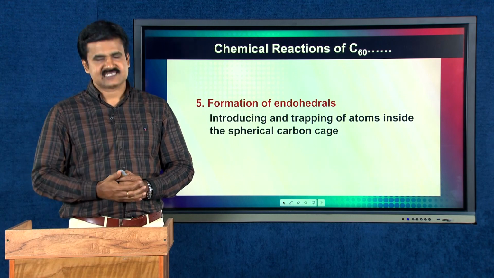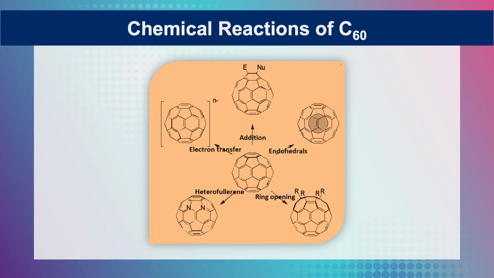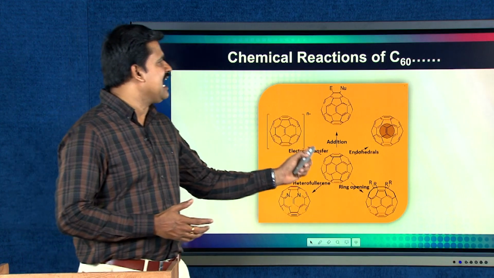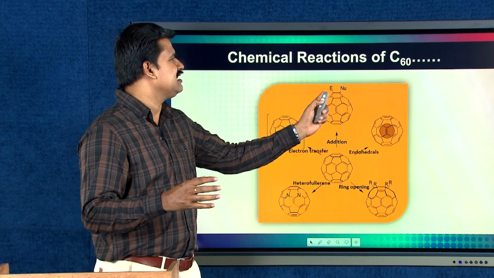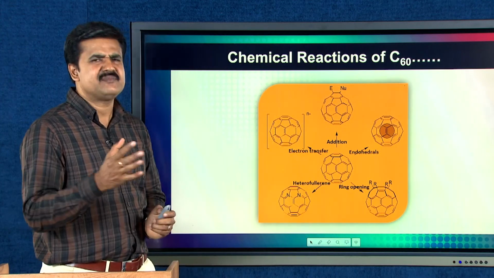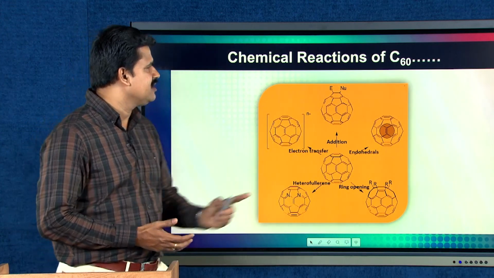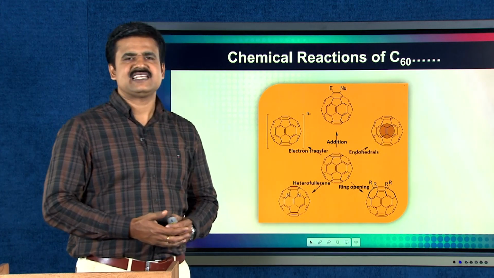The chemical reactions we have discussed now can be pictorially represented like this. Addition reaction leads to the presence of some groups on the outer surface. That means exohedrals are produced. Endohedrals can be seen here.